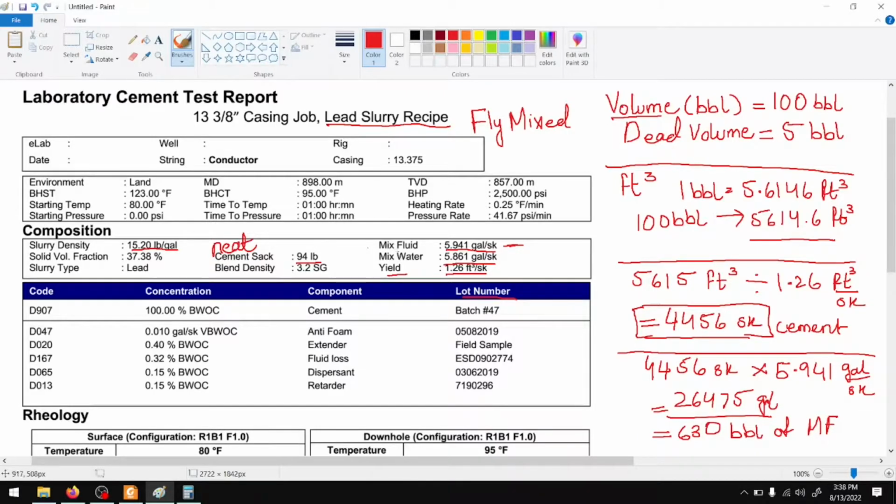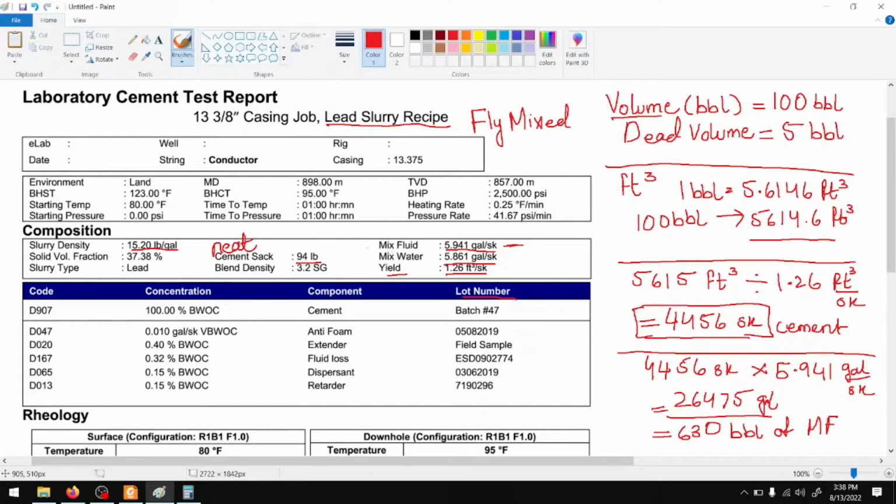Now, be careful regarding mixed fluid and mixed water. Mixed fluid is your water, fresh water, or salt water if you're using salt water, but basically your base water plus chemicals. So that's your mixed fluid.